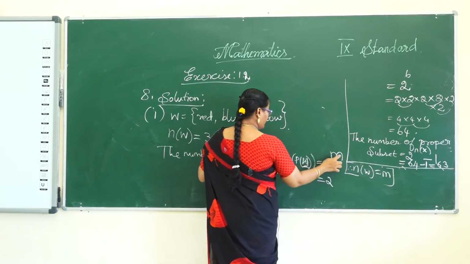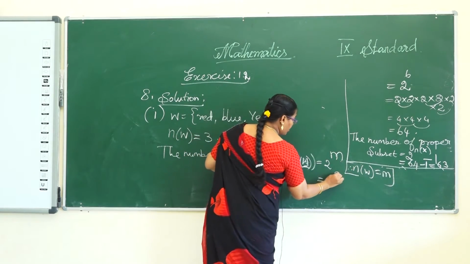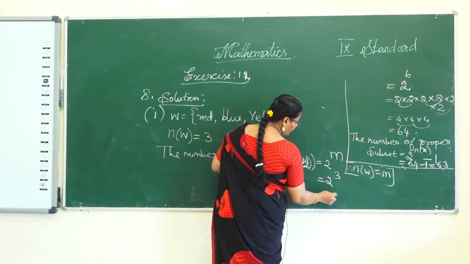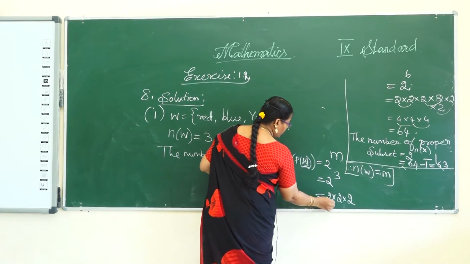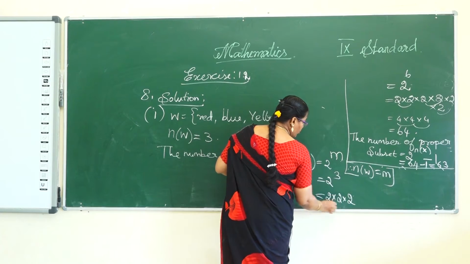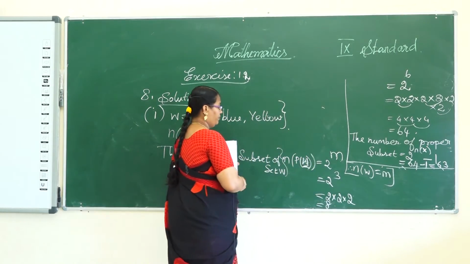So 2 power m, the value is 3. 2 power 3 means 2 multiplied by itself 3 times. So 2 twos are 4, 4 twos are 8.